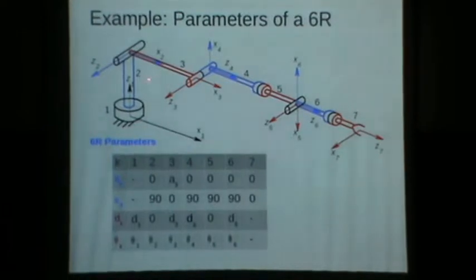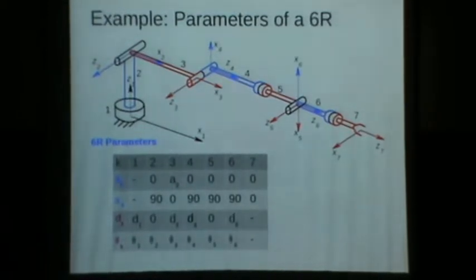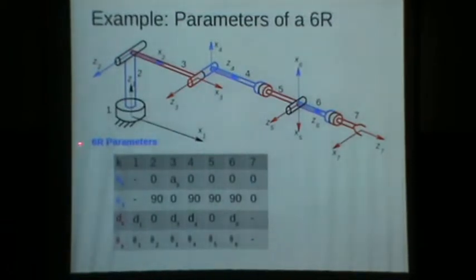Okay, and you can check. I will give this note to you. You can check whether x-axes have been correctly fixed based on the convention that was described in the last slide. Okay, I don't want to get into details of that. That will take time. Now the parameters have to be defined.